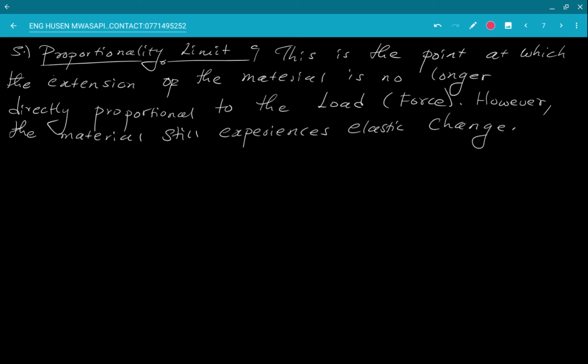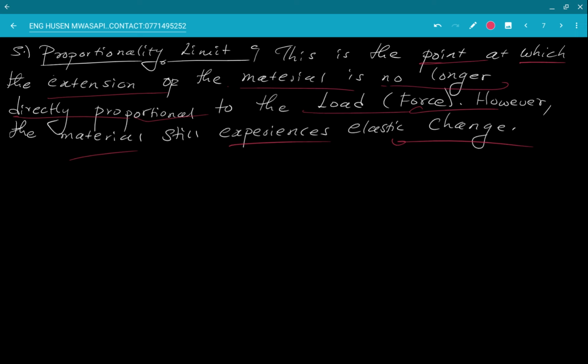So the fifth terminology is what we call the proportionality what? Limit. You know what it means when you say it's a limit? Yeah, so this is a point at which the extension of the material is no longer directly proportional to the what? Load or force. However, the material will still experience what? Elastic change. So here the extension is no longer directly proportional to the force, and neither is the force directly proportional to the extension.